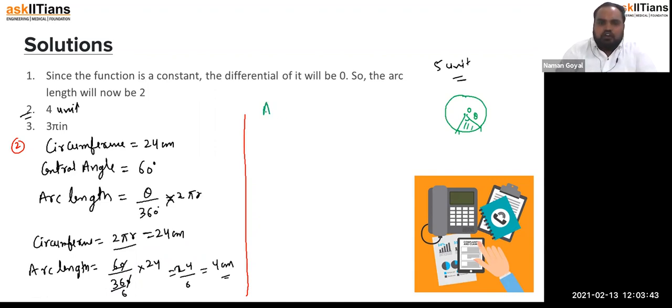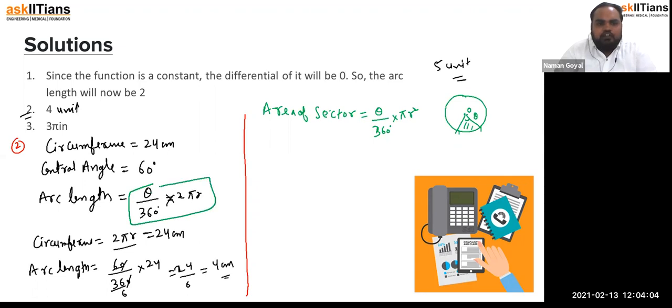So the formula for area of sector is what? Theta upon 360 degree into pi r square. In the arc length formula we find the arc length in respect to circumference, so that's why we take circumference there.